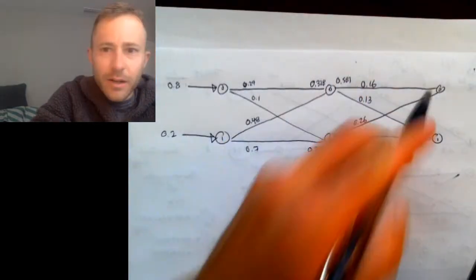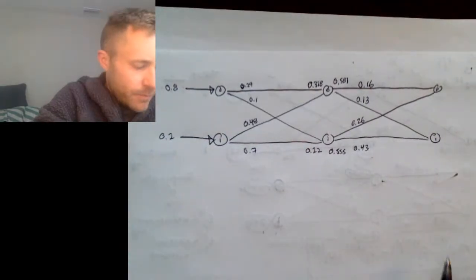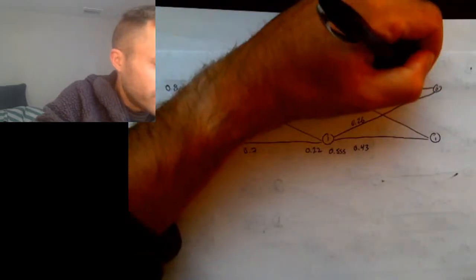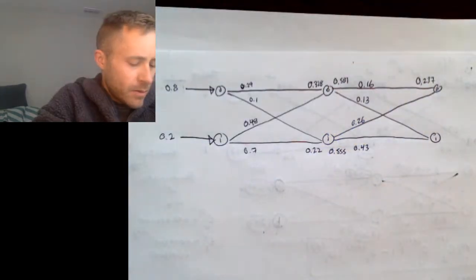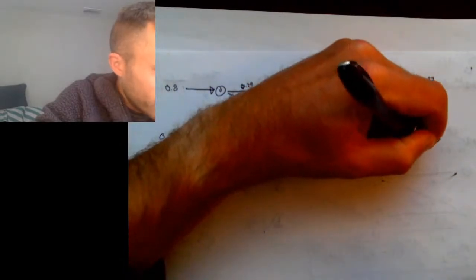So now we propagate it again into the next layer. This one has an input of 0.237. This one has an input of 0.314.